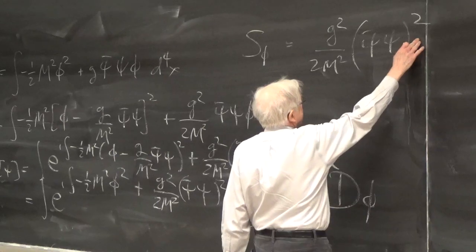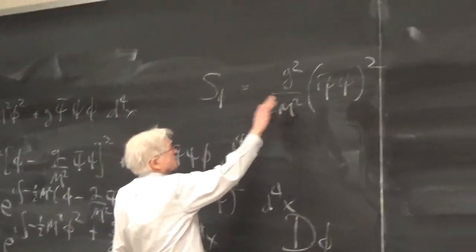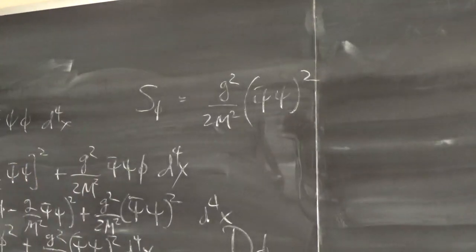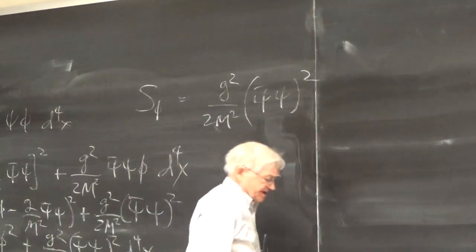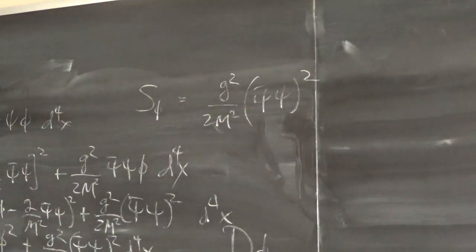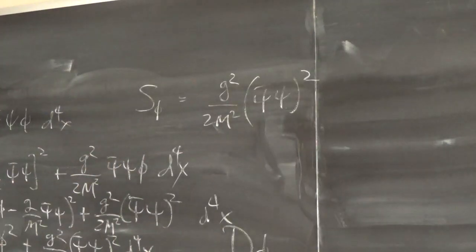Squared is 6 dimensions, and we divide by m squared, so it becomes dimension 4, which is correct, but the psi bar psi squared term is non-renormalizable. It doesn't mean it's nonsense or that we can't calculate with it. It just means that it's not a term that occurs in the standard model.